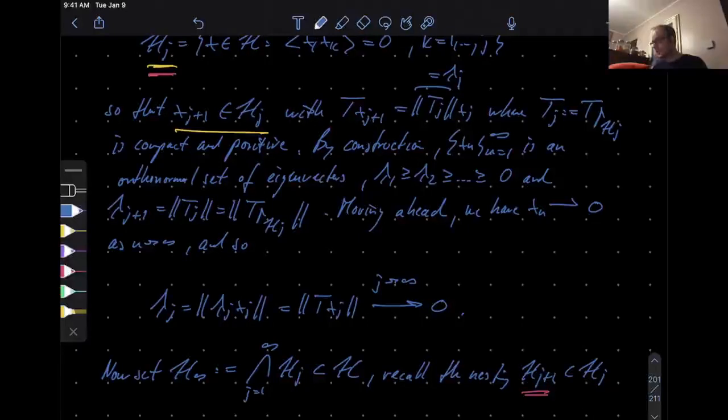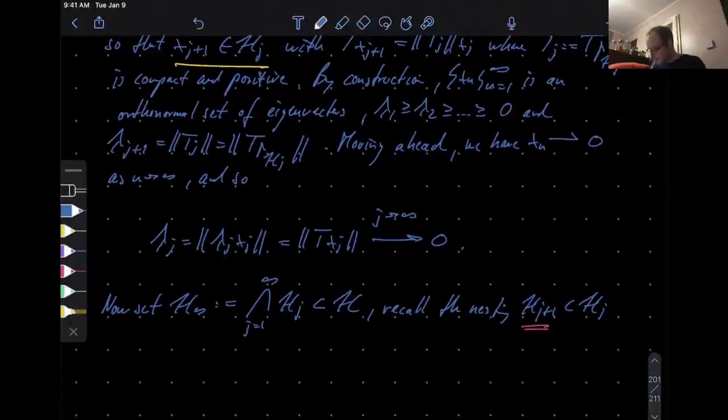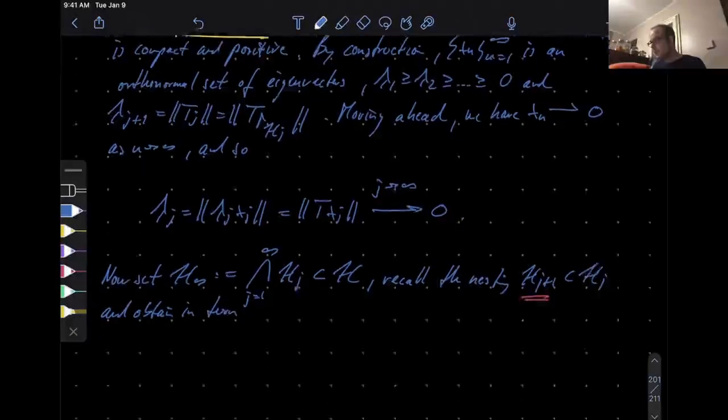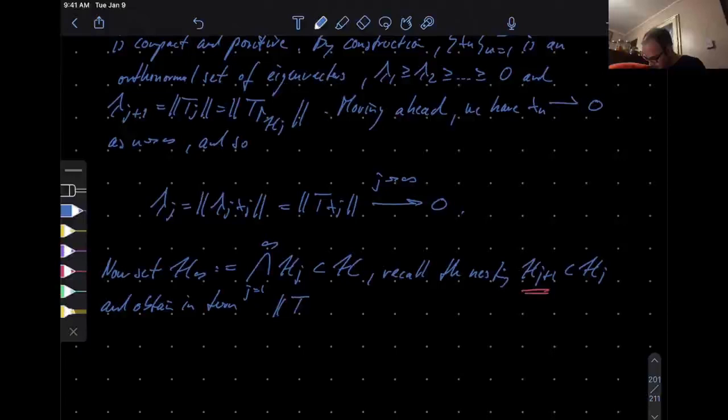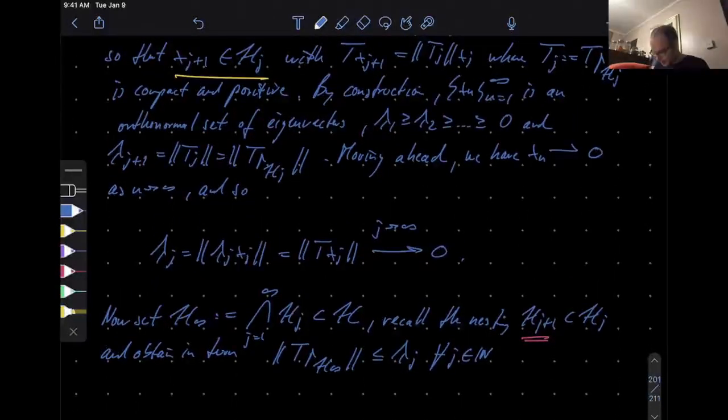And we obtain in turn that if you restrict T to H infinity, then its norm is going to be less than or equal to all the eigenvalues λ_j for all j in N. This is simply because of the previous property that we had up there.